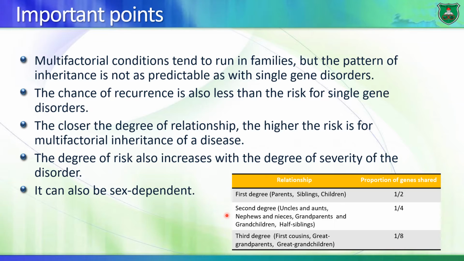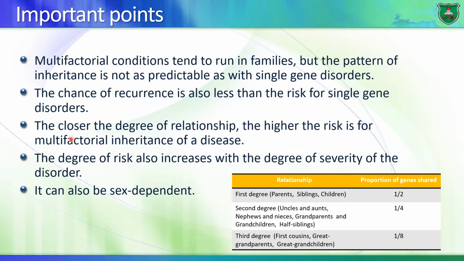So if a parent is affected, there is a higher chance that a sibling would also be affected than a niece or an aunt or whatever. Also, the degree of risk increases with the degree of severity of the disorder.